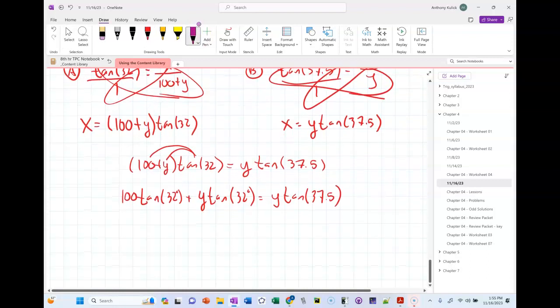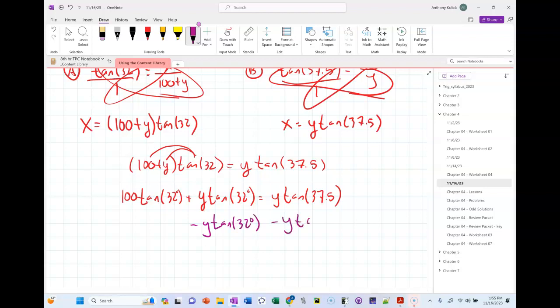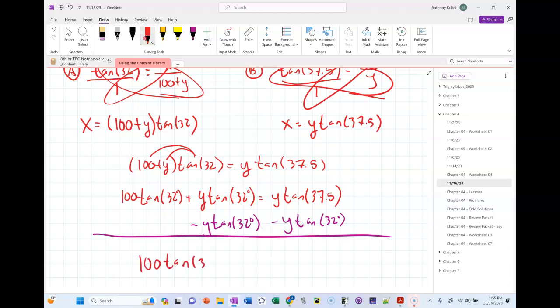Now I'm going to subtract the y times tan 32 over. But how do I do that? Y tan 37.5 minus y tan 32.